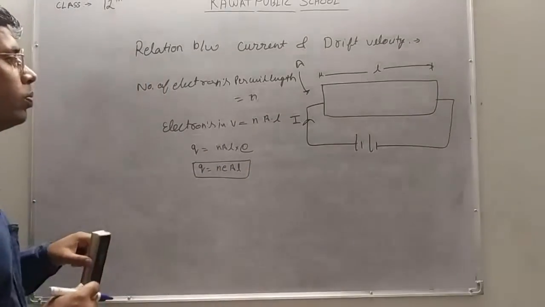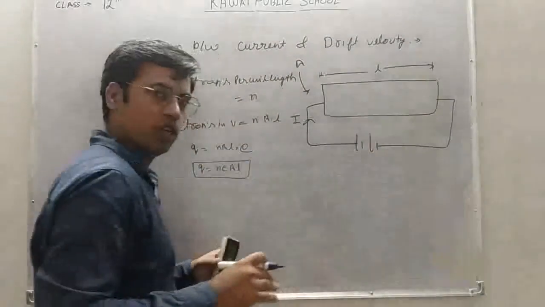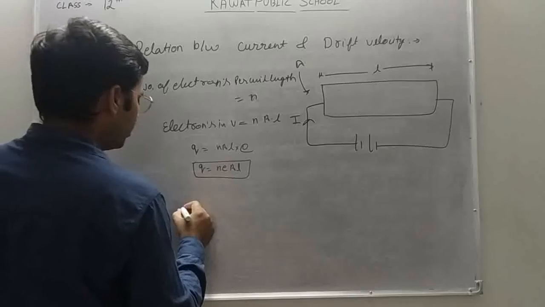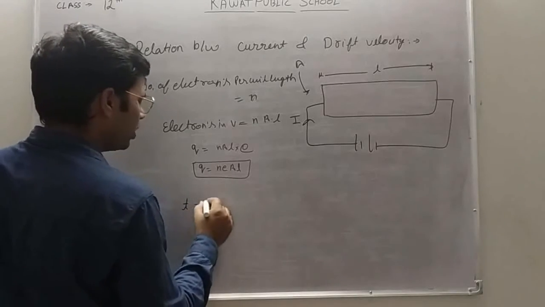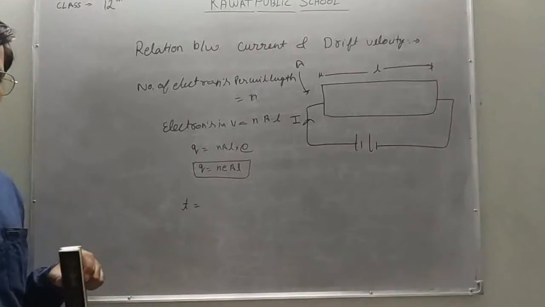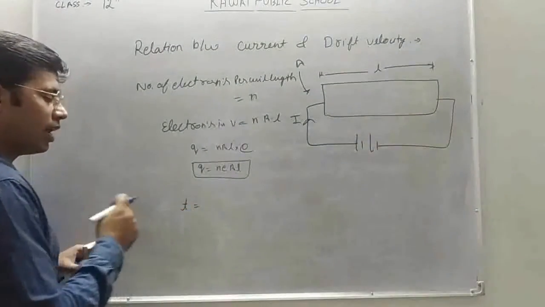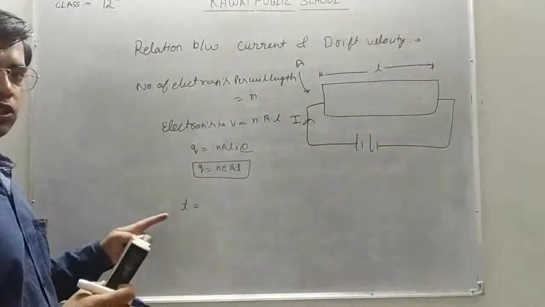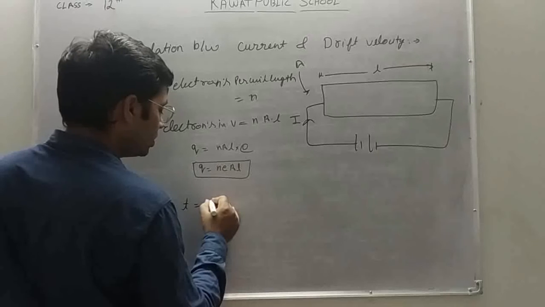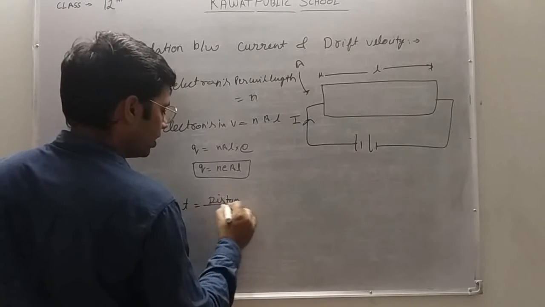Now, these electrons will take some time to reach from here to here, and they will move with some velocity. Let's suppose the time is t. By using the simplest formula, speed equals distance upon time, time is distance divided by speed.